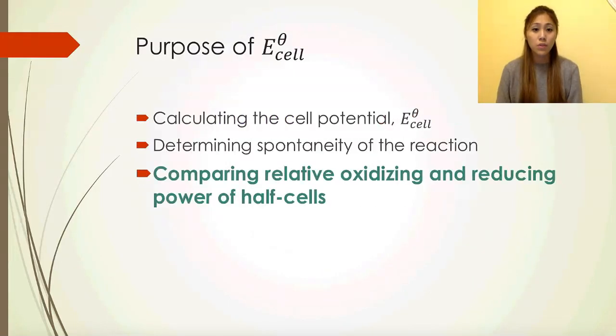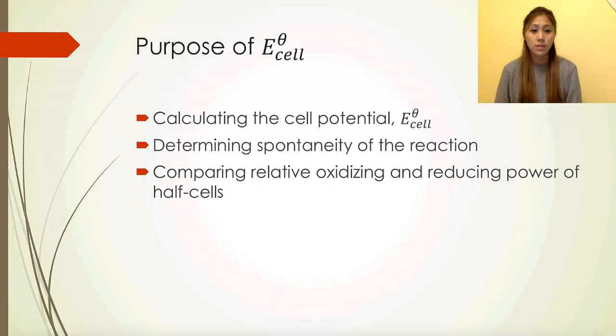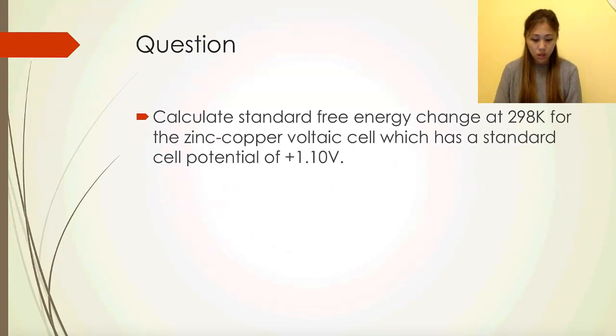So now let's have you calculate this next question. Calculating the standard free energy change. Remember, that is Gibbs free energy. So put all the information that you have together to calculate the delta G.